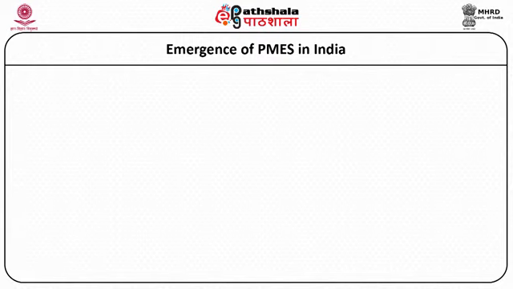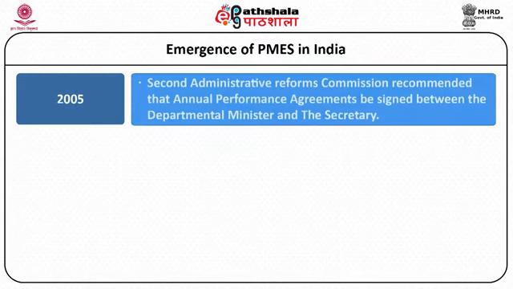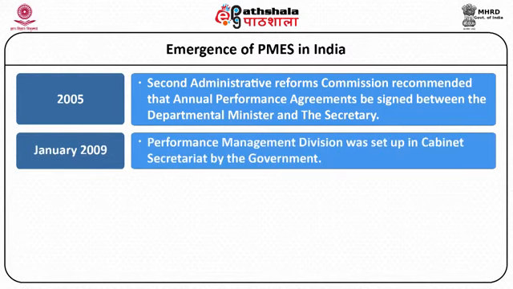Emergence of performance monitoring and evaluation system in India. Following is the sequence of the emergence of PMES in India. In the year 2005, the Second Administrative Reforms Commission recommended the annual performance agreement be signed between departmental minister and the secretary. In the year 2009 January, the Performance Management Division was set up in the Cabinet Secretariat of the government.